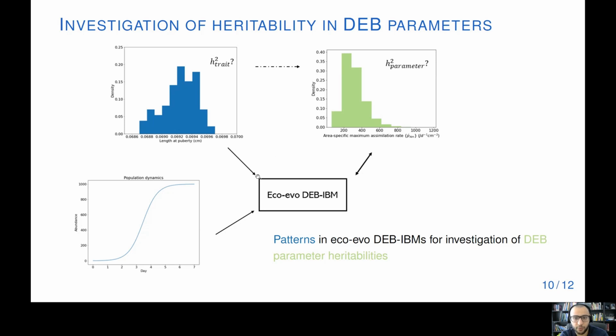This approach focuses on the use of multiple patterns at multiple levels of biological organization to elaborate and validate model outputs and model structure. But for example, by formulating alternative hypotheses on the underlying genetic architecture and variability of DEB parameters, eco-evolutionary DEB-IBMs can allow testing these hypotheses against multiple patterns, for example here the population dynamics and trait distributions, which can help the investigation of heritability and variability in DEB parameters.